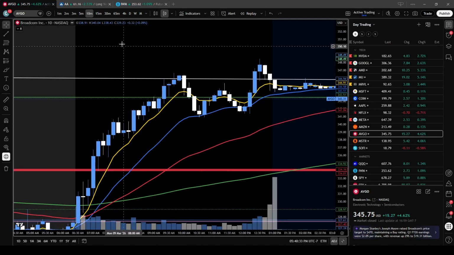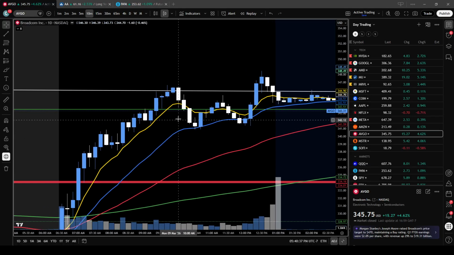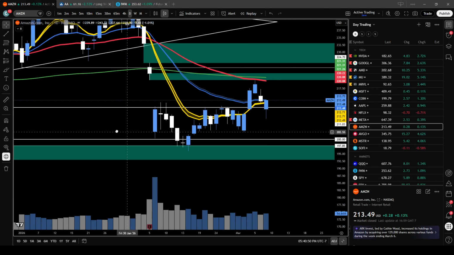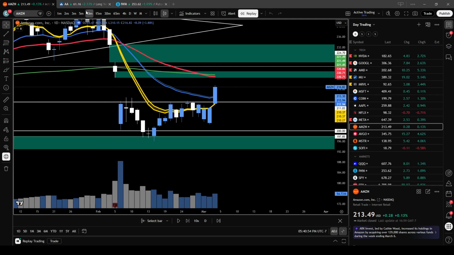And then yeah, when you see full body candles like this and price is in a clear direction down, and it's not like up, down, up, down, up, down, that's when it's a good flag. And then another example is Amazon on last Wednesday.